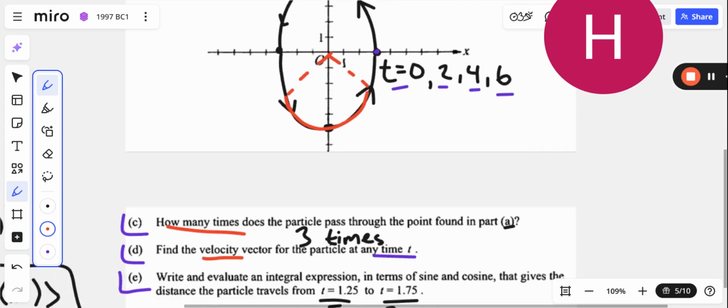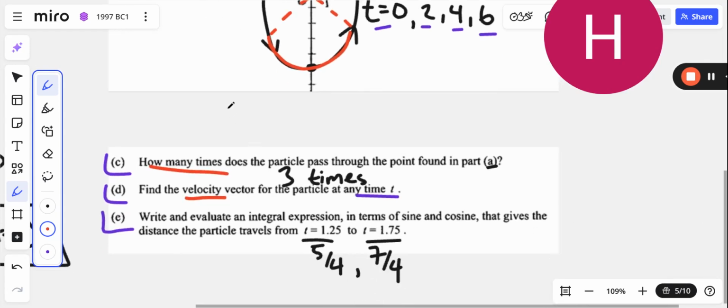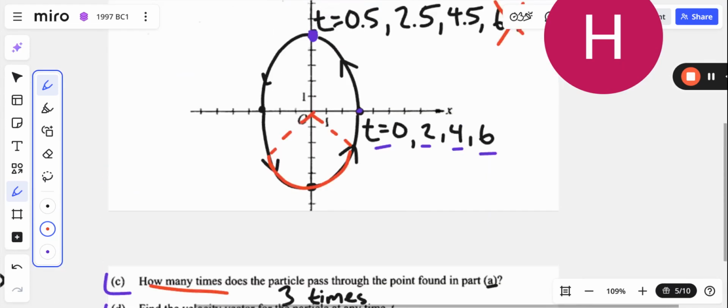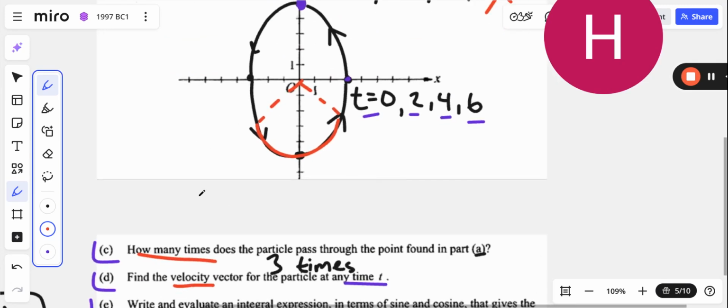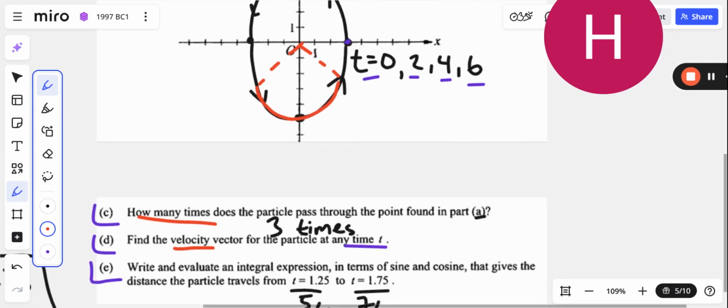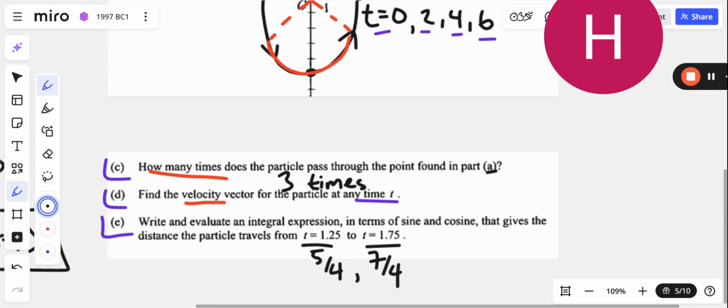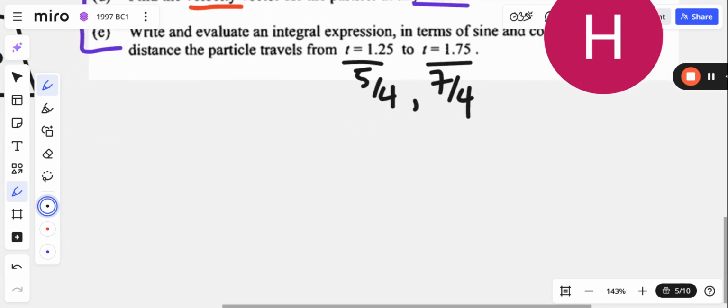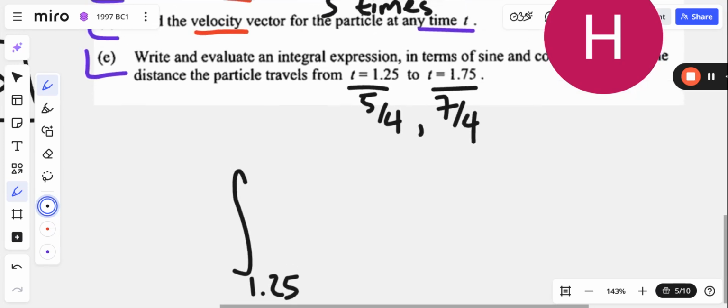Okay, so how do we find that? It stands to reason that it would just be a quarter of the whole thing, but we don't know what the entire circumference is. So let's just use the good old distance formula. We're basically going to take an integral, which adds a bunch of stuff up. What are we going to take the integral of? We're going to take the integral of the distance equation.